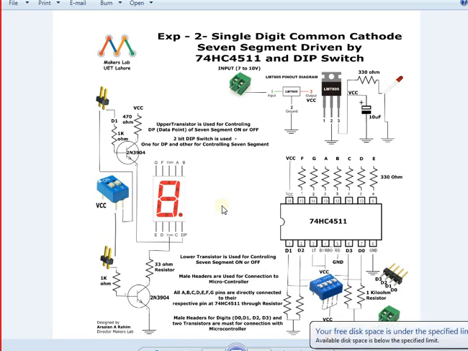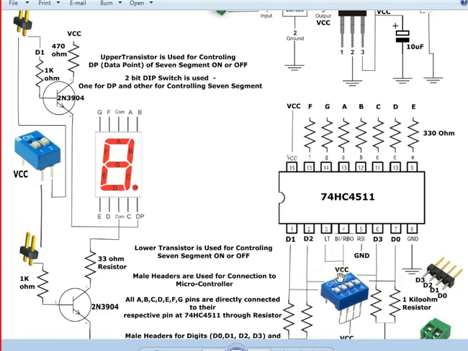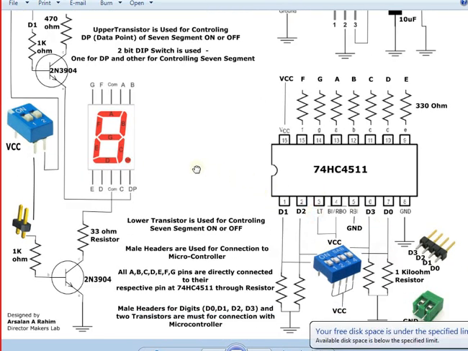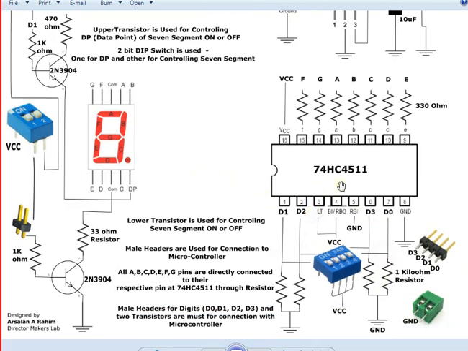It is the same thing, the only 2 things which are added over here. What are those? If I zoom in over there, you have the 74HC4511, you have D0, D1, D2 and D3, and they have 1 kilo ohm resistances. You have again the dip switch.